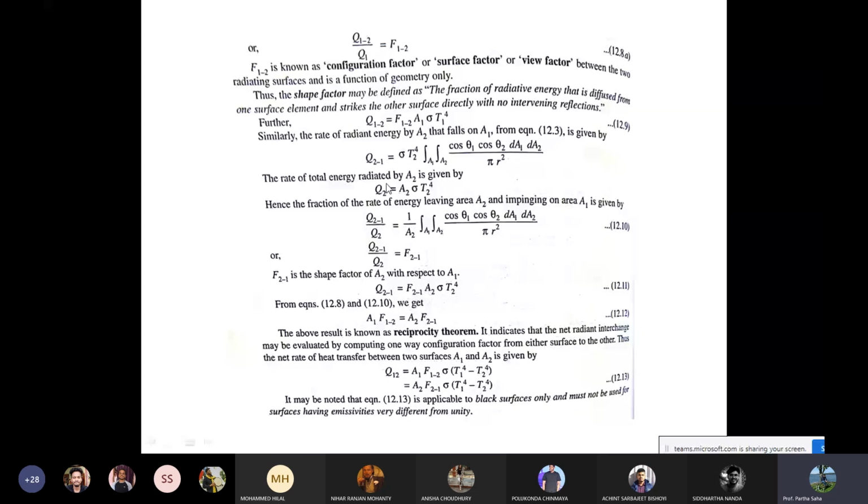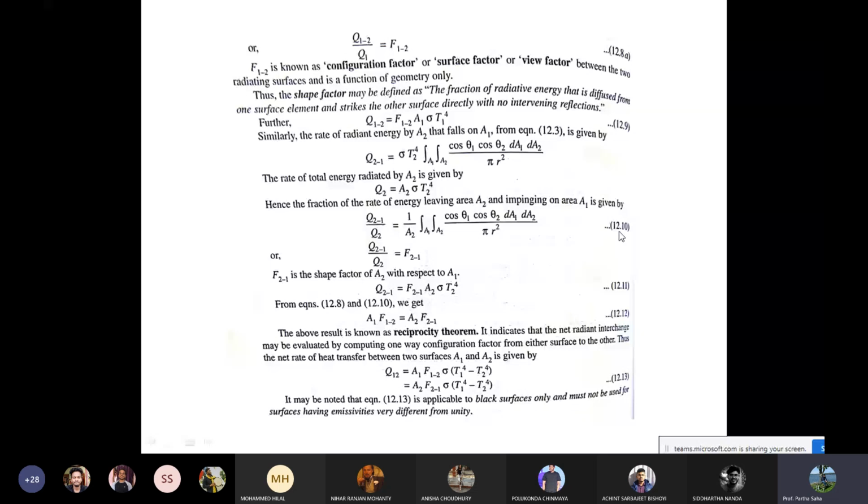So Q21 by Q2 is F21, where F21 is the shape factor of A2 with respect to A1, and Q21 you can write as F21 A2 sigma T2 to the power 4. From equations 12.8 and 12.10, you can see both are equal.